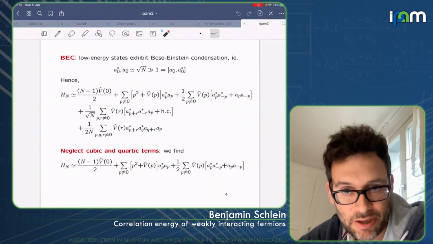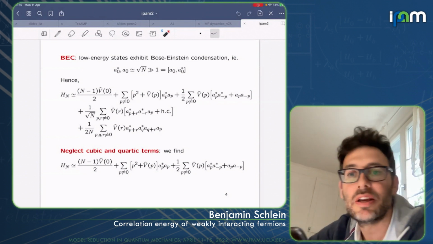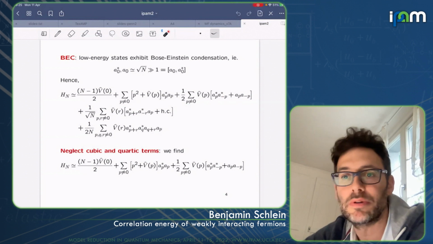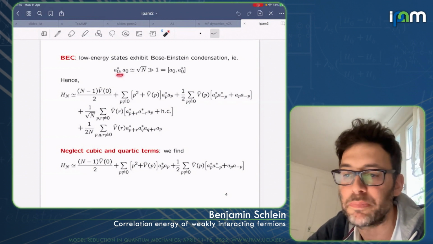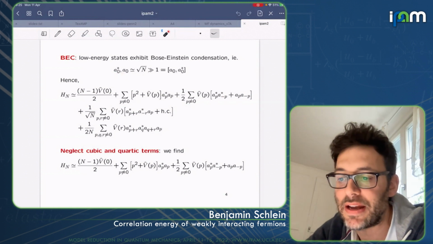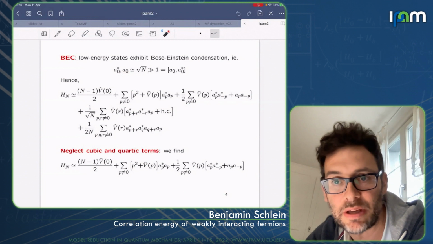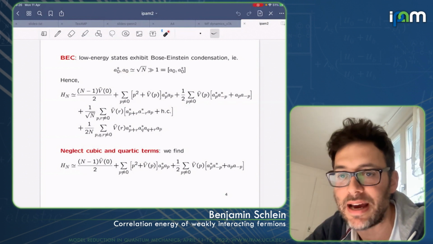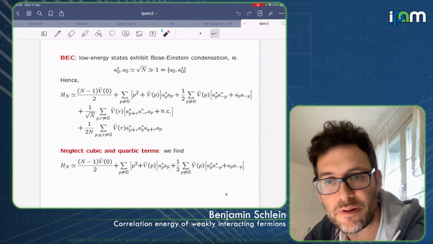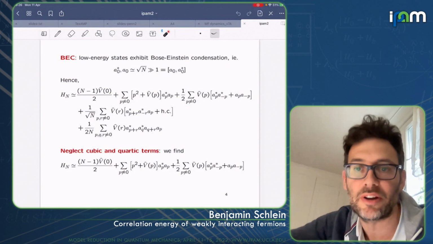This is the Bose-Einstein condensate, at small temperature, so at small energy. In this bosonic system, you expect that most particles are going to sit in the state with momentum p equal to 0. This means that these two operators, compared to all other creation and annihilation operators, play a special role because they are very large. Remember, a*_0 a_0 is the number of particles in the state with momentum 0, which we expect to be of order n.